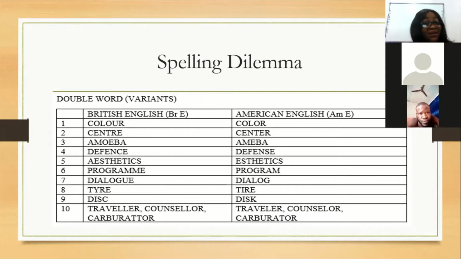Most of the grammar we learned in primary through secondary is British grammar. And both varieties have differences in their grammar constructs. They have differences in the pronunciation, differences in the choice of words, the vocabulary, and even differences in spelling, as can be seen on your screen. So stick to British spelling.